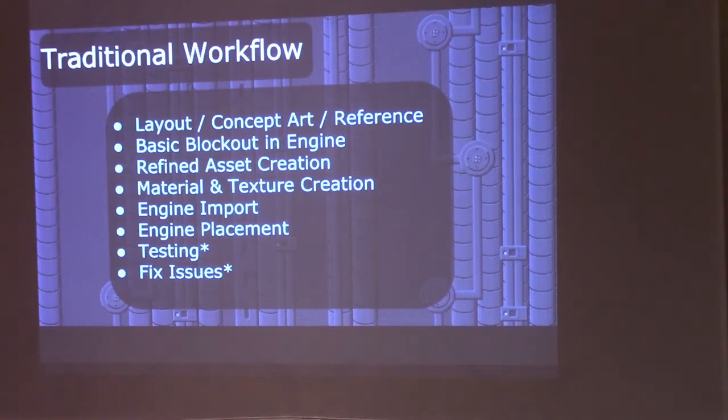And generally you do testing and fix issues as you're going, but if you've ever worked in a studio, you'll have your layouts approved, you'll have your environments approved at your basic blockout stage, and then your art director comes up when you're in the middle of finishing up all of your wall models and says, well, you know what? Your walls are a little bit too big.